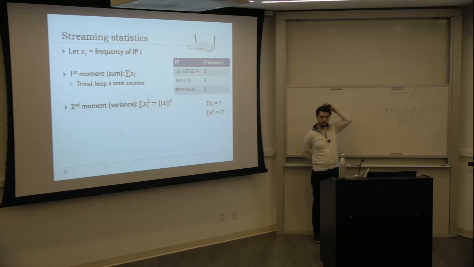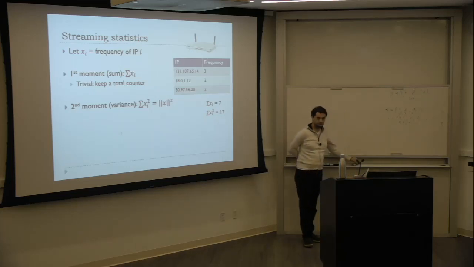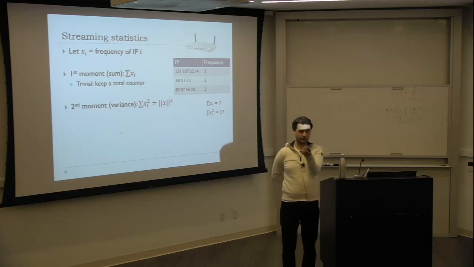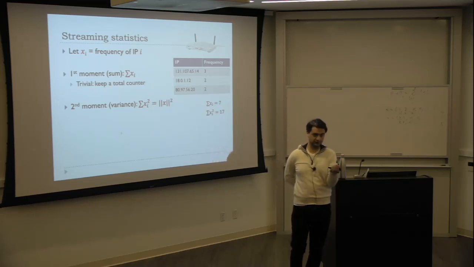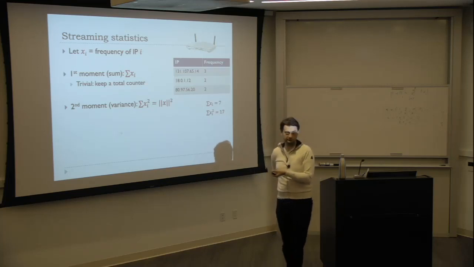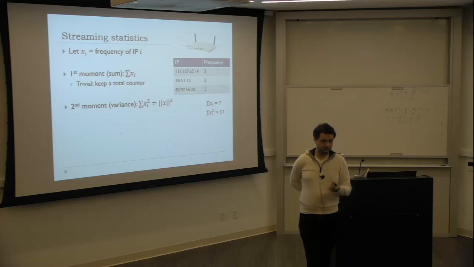If it was 0 and you incremented it by 1, then the second moment increments only by 1. If you increment something which had value 100 by 1, then the second moment increases by about 2 times 100 plus 1. Yes, something like that.